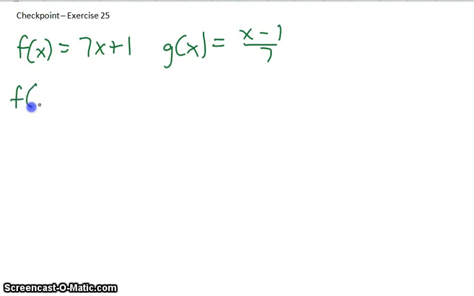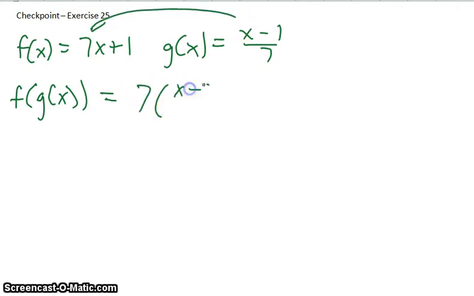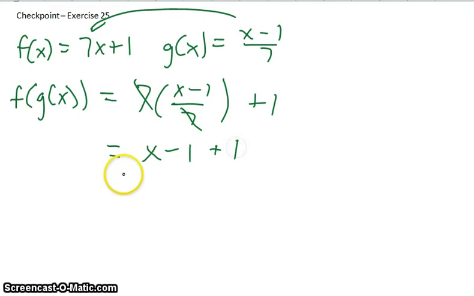So what I need to do is compose the first one. So I'm going to take this function and plug it in here. So I have 7 times x minus 1 over 7, plus 1. These 7's cancel out because you're multiplying and dividing by 7. So what I'm left with is x minus 1 plus 1. So I'm left with just x.